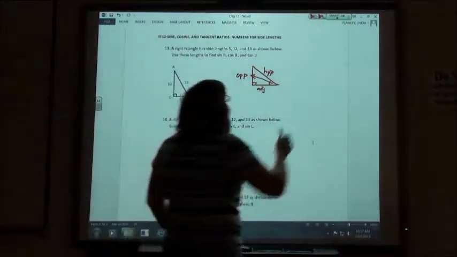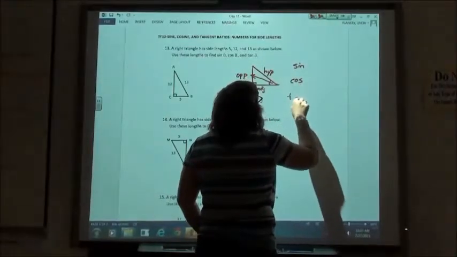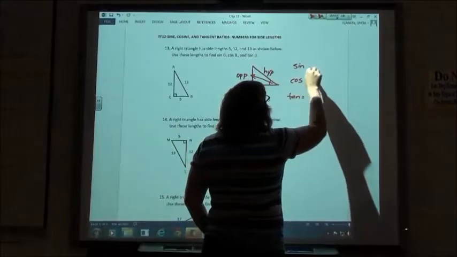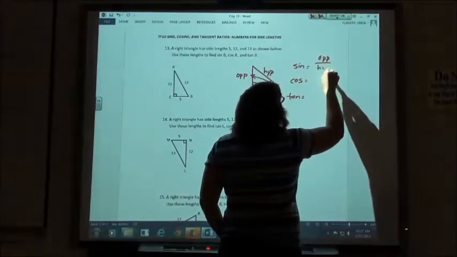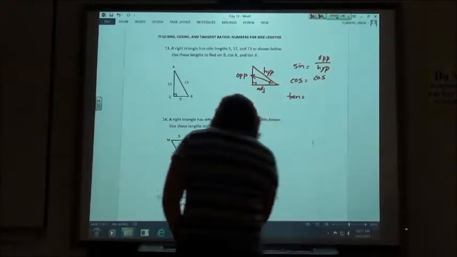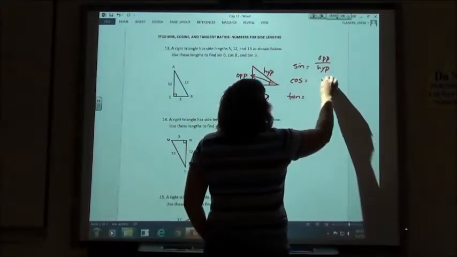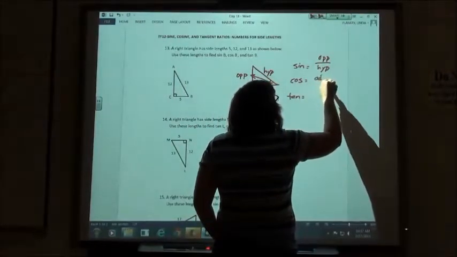So I'm going to do sine, cosine, and tangent. The sine is the opposite over the hypotenuse. Cosine is going to be your adjacent over hypotenuse.